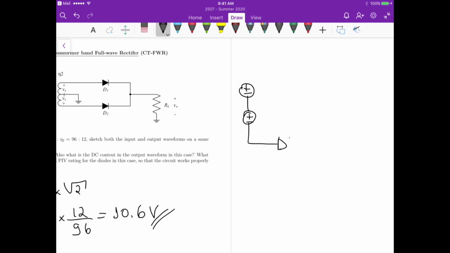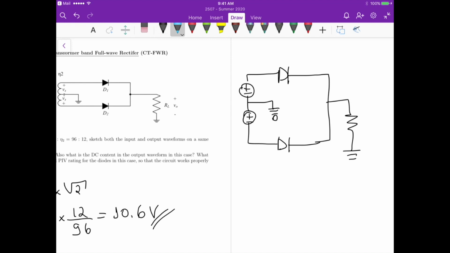And we have diode 2 here, we have diode 1 here, and then they both connect here, and that's the load. Okay, so in the positive half cycle of the input, remember this one here is grounded, so we have 0, right? So in the positive half cycle we have a positive value of Vs, so current will flow in this direction here all the way to the ground.